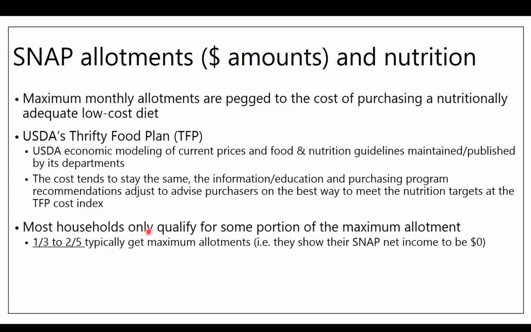And then, of course, most households only qualify on the income side. They are at the threshold, but not far enough below it to get the maximum allotment. So only at any time about 33% to 40% will get maximum allotments. In other words, they go all the way down to zero on SNAP net income.